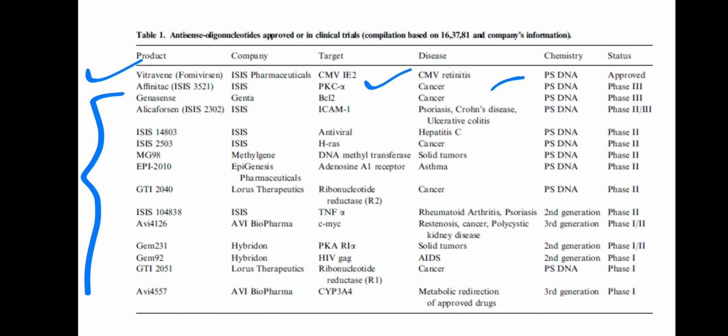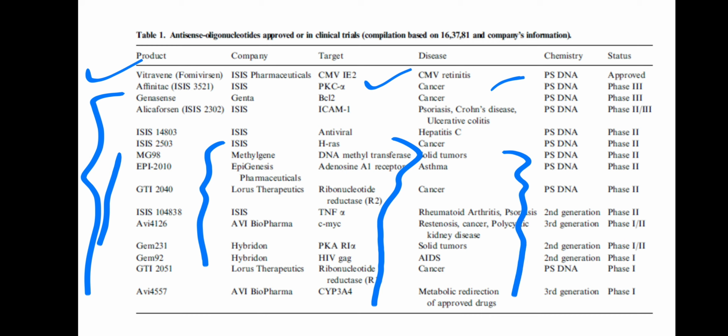And this is the list of different categories of antisense oligonucleotides, with different brands from different companies, and target-specific activity for particular diseases like cancer. For example GTI-2040, developed by Lorus Therapeutics, is especially for cancer, and the type of antisense molecule is PS DNA.